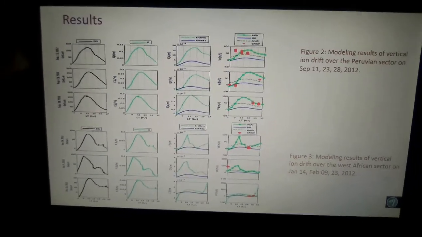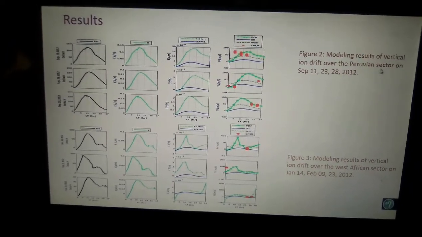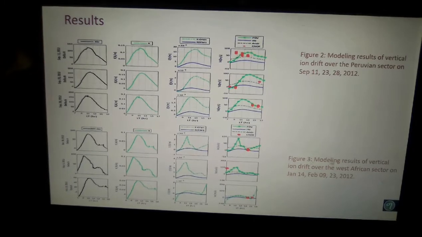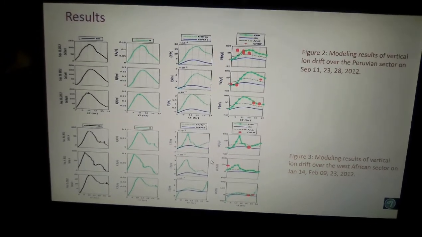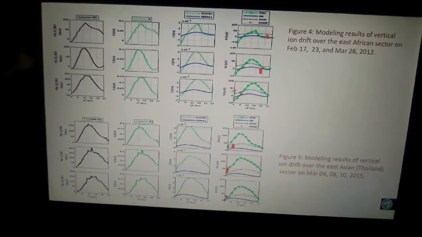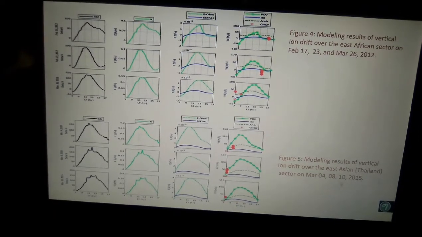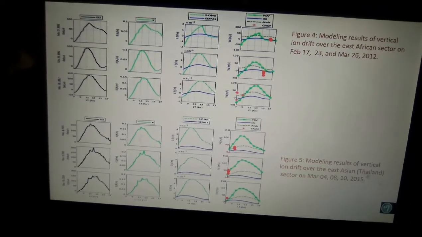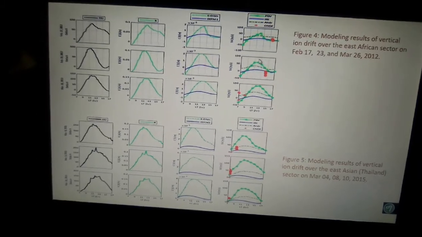Figure 2 is over the Peruvian sector, South America, figure 3 is over West Africa, figure 4 is over East Africa, and finally East Asia, Thailand. So a good performance is obtained for our model.